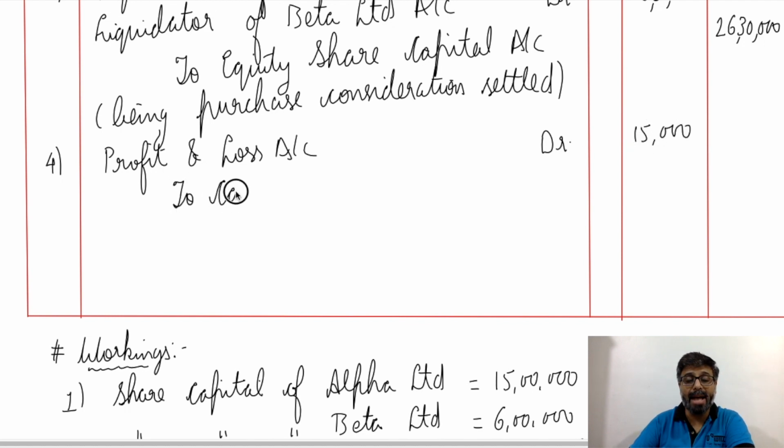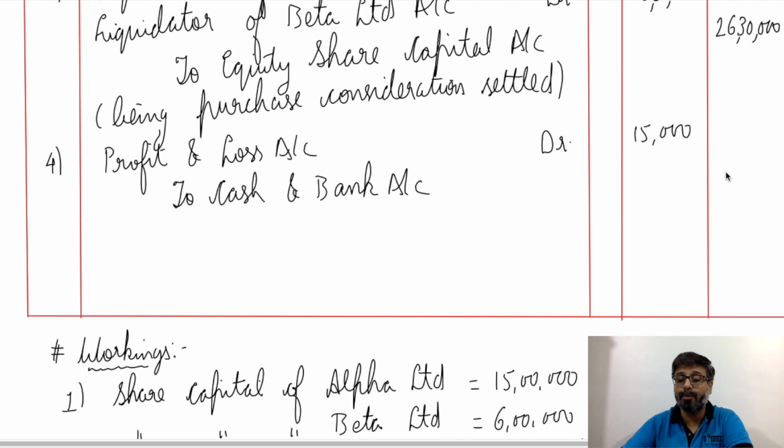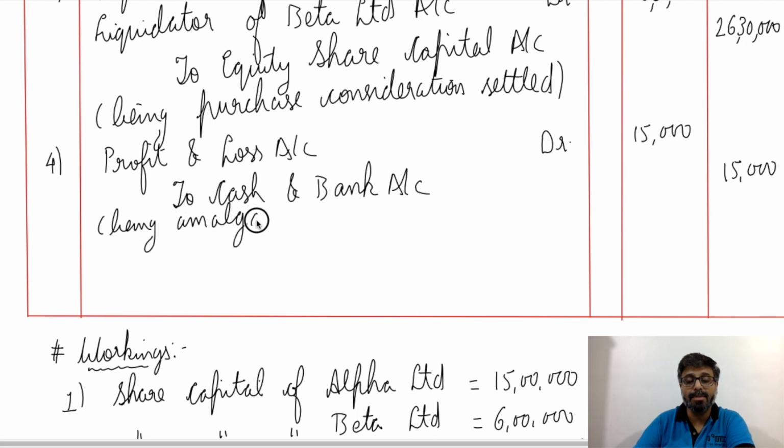To cash and bank account 15,000, being amalgamation expenses.